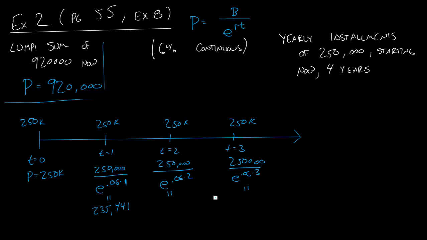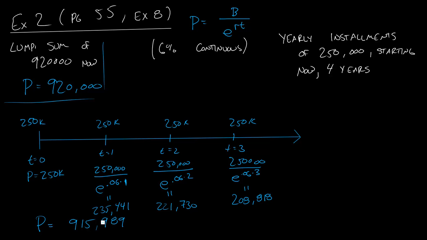And it's going to just keep getting worse and worse, right? Because I need less money to put in the bank account at the beginning to have this $250,000 several years out. This one is $221,730, and this last one is $208,818.